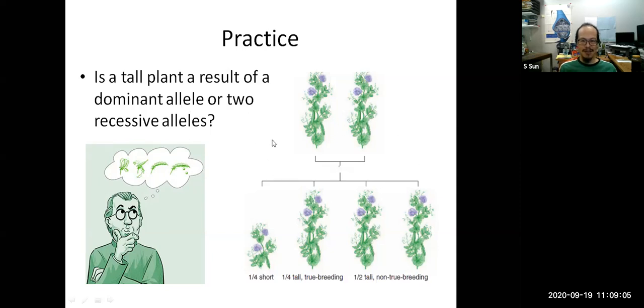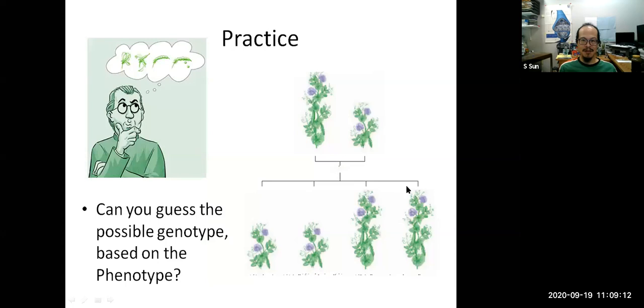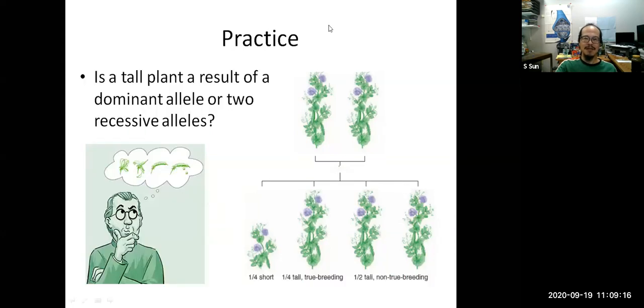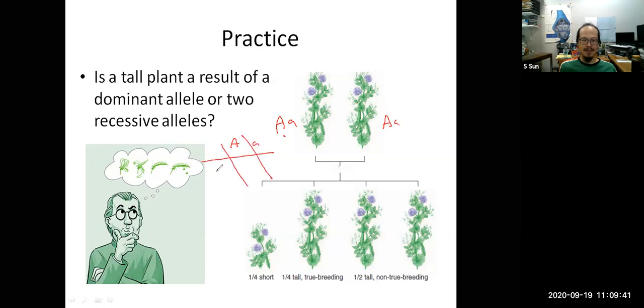We don't do a gene study, but based on the experiment, we know the parents must be heterozygous, must have A and a, because only then do we have the chance to have the recessive allele.